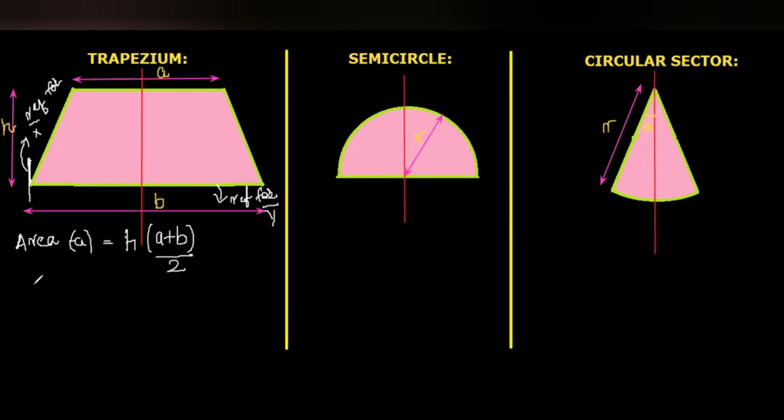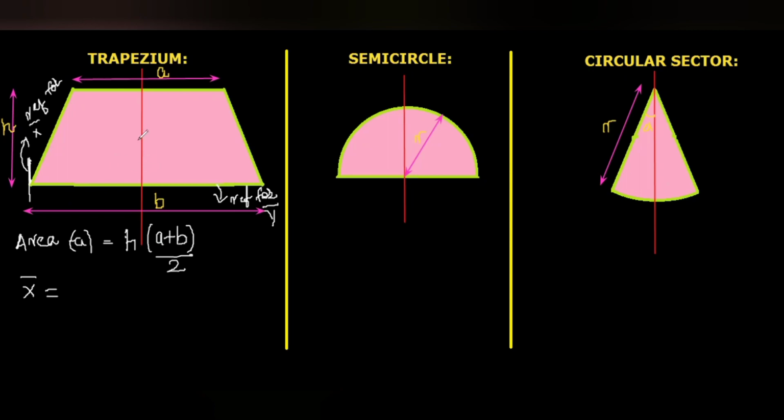And then x bar. Since it is symmetric about the vertical axis, the center of gravity will lie on this vertical axis only, anywhere it may be.